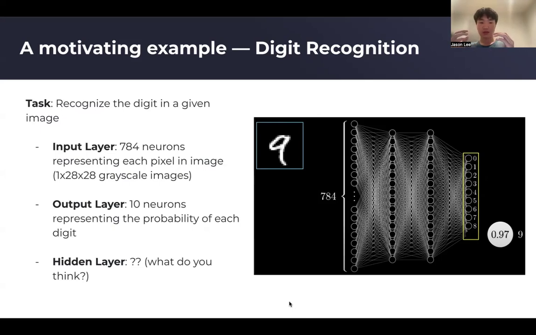Well, what is encoded in a hidden layer is really arbitrary, but theoretically, the hidden layer should be encoding information, namely features or high-level concepts that are relevant to solving the task at hand.